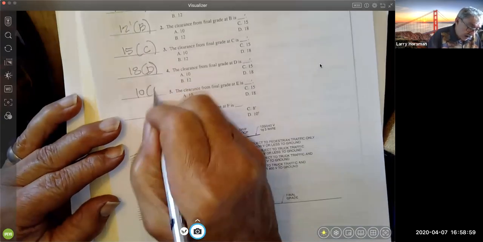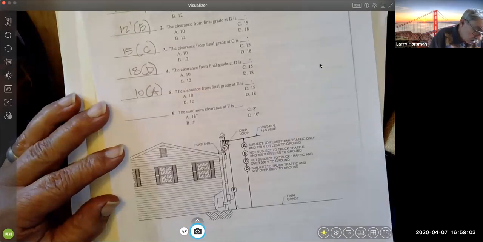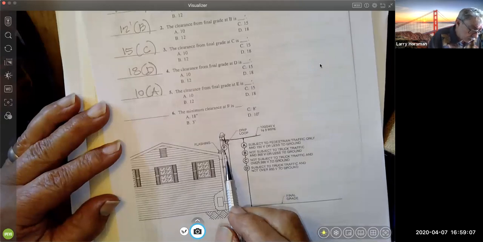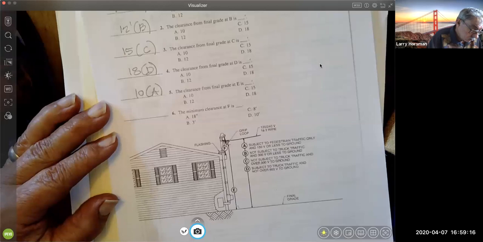And 6, the final clearance at F, which is from the top of the roof to the service connection point. F is, what is that? I think they've drawn that improperly.